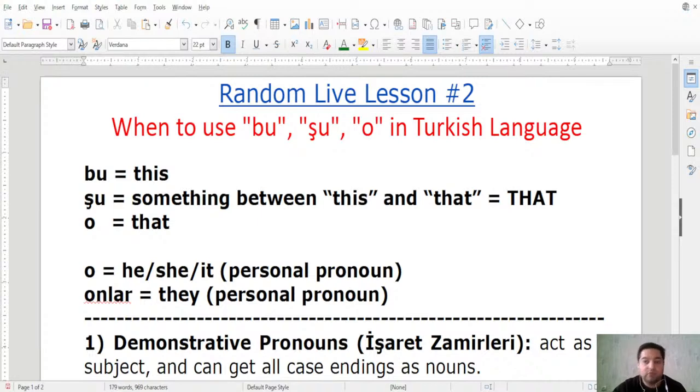So you can still use it for persons too. Şu çocuk. Not o çocuk, but şu çocuk. Or şunlar. You can still point to people using şunlar. It's okay. There is no problem with that. As long as you understand the difference between the distances, where they are appropriate, it's okay to use them for people too. Yes, şunlar.